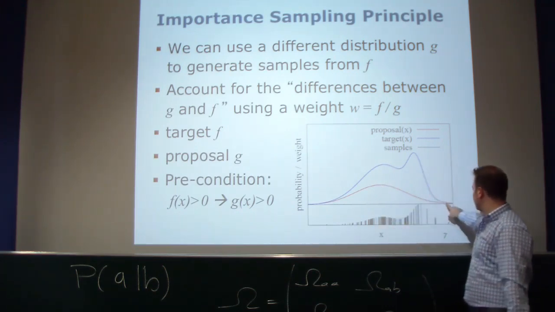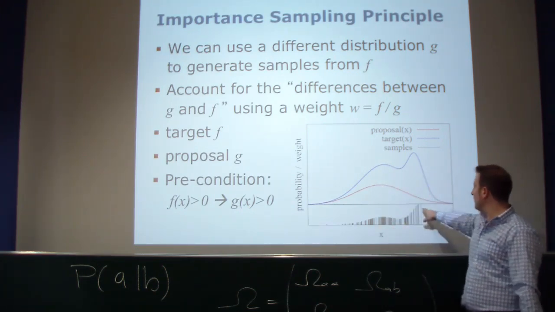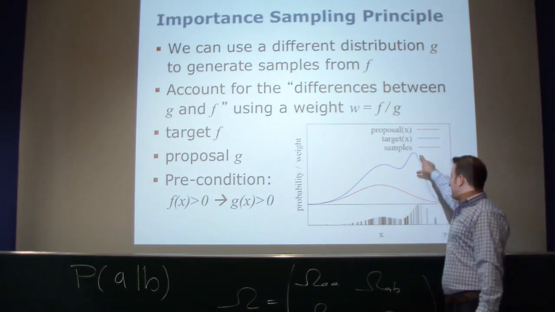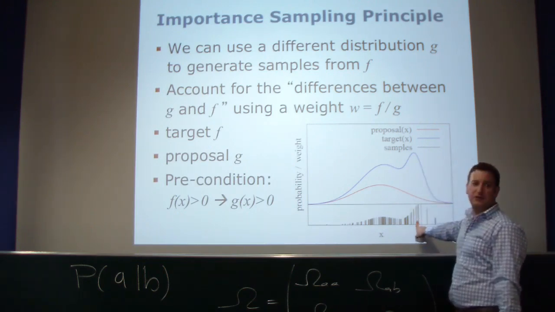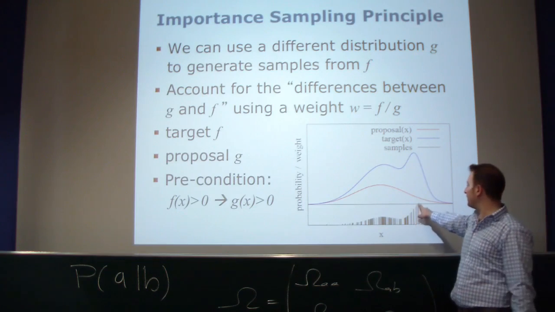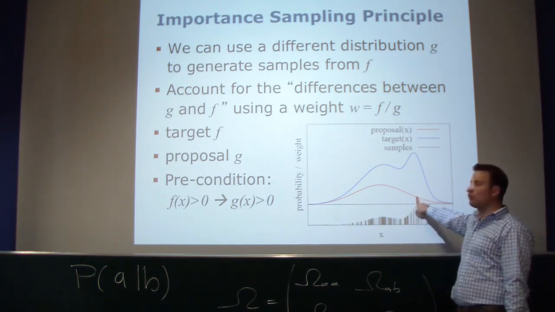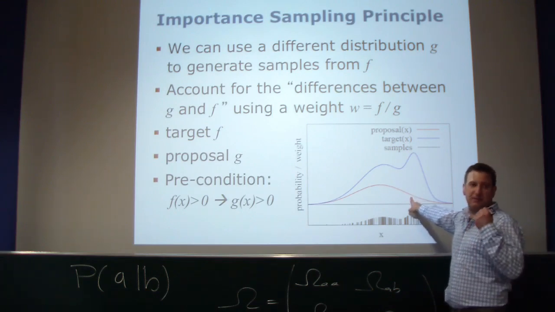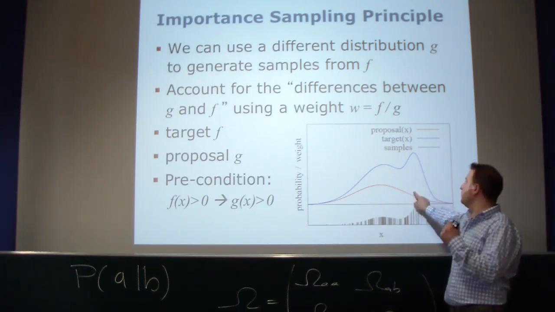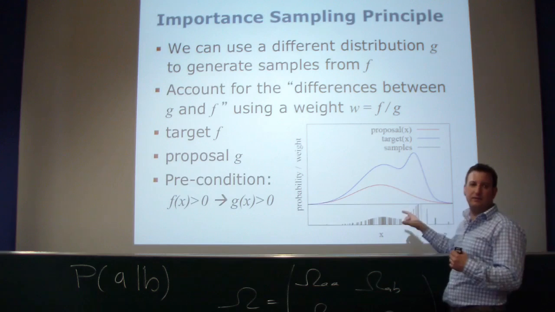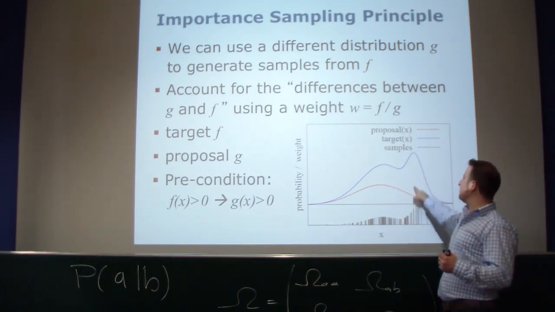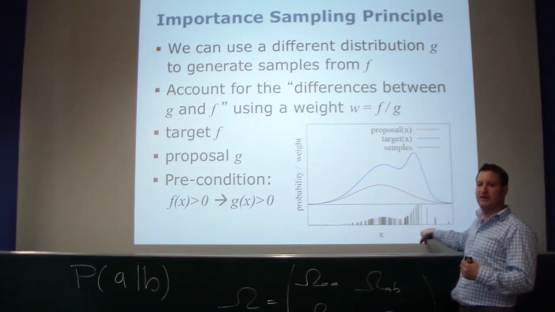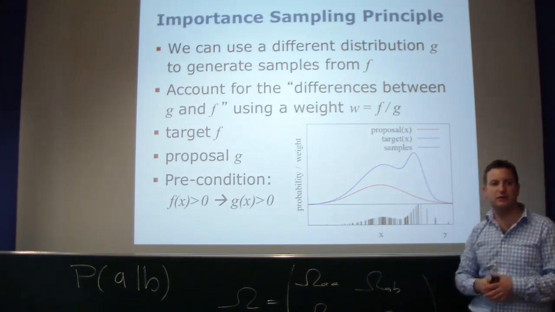And in areas where they're the same, the ratio is approximately 1. However, here is an area where there's a big difference, so I have high values here. This accounts for the fact that it's quite unlikely to draw a sample here if I draw from the red distribution. However, this sample needs to occur very often according to the blue, so I simply give it a higher weight. This particle simply has a higher weight, although of course there are fewer samples here than in other areas.